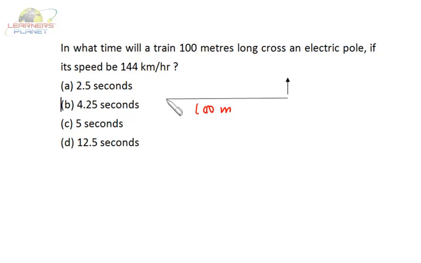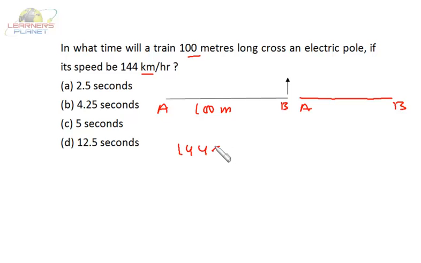Okay, that means after crossing this pole, the situation must be like this. Suppose it is A and B, so the entire length of the train should be crossed by this pole. Now here the speed is in kilometer per hour and the length of the train is in meters. So first let's convert this kilometer per hour to meter per second.